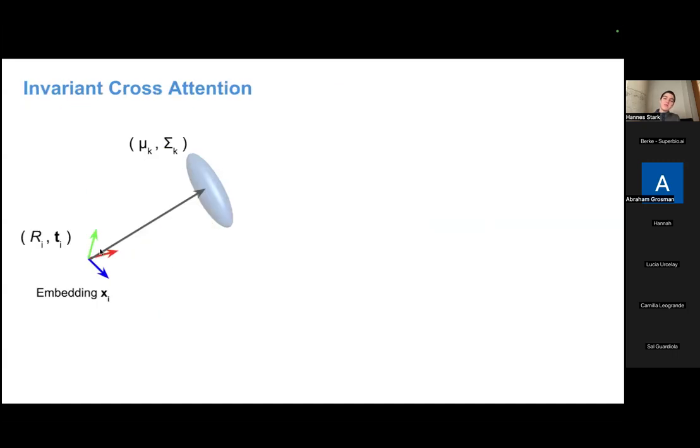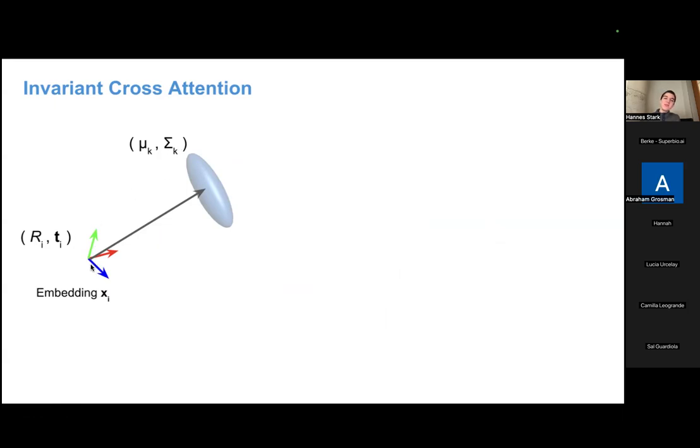And the way this works is that each frame has a rotation and a translation associated with it. Each residue has a frame and a rotation and translation associated with it. Then you also have these mu's and sigmas, which define our ellipsoids. And let's say you have k ellipsoids.